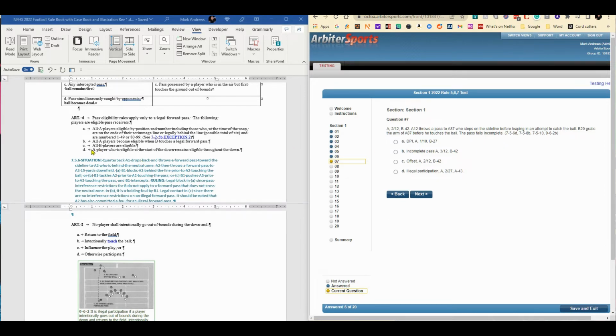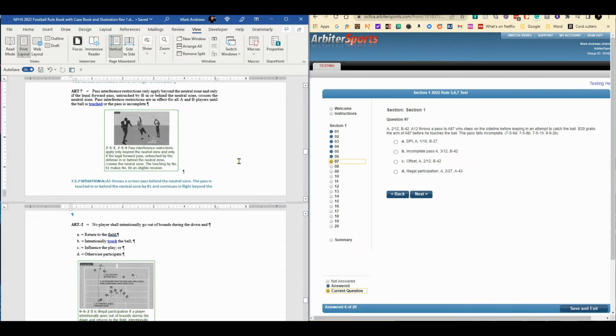7-5-6-D says a player who is eligible at the start of the down remains eligible throughout the down. So even though A was illegally participating, he's still eligible.